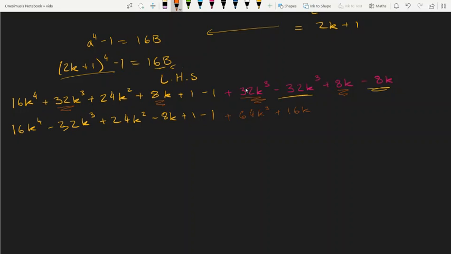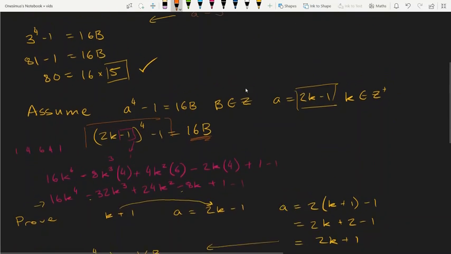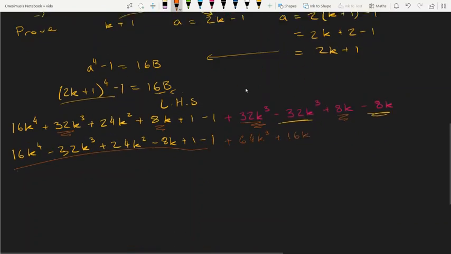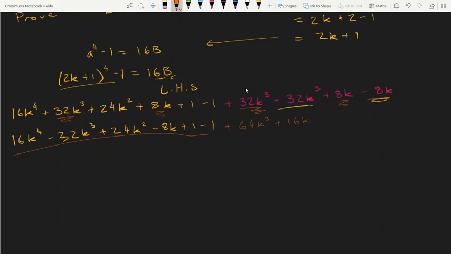Alright, now this term on the left, since we've got it matching what we have up here in our assumed step, we can factorize back down to 16b, because this compresses into k minus 2k minus 1 to the 4th minus 1.